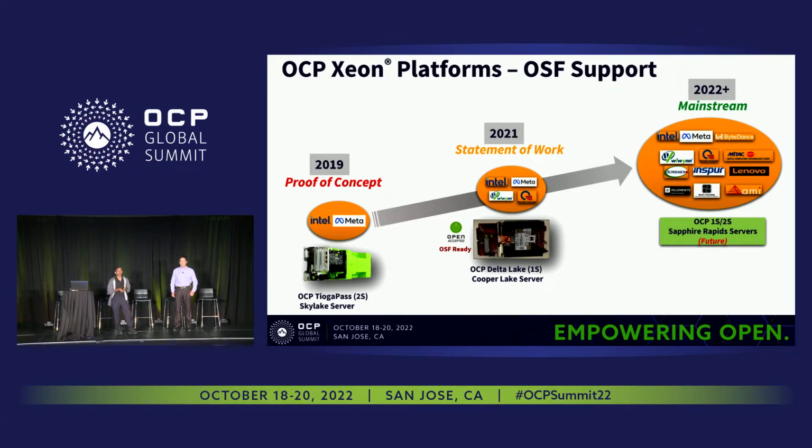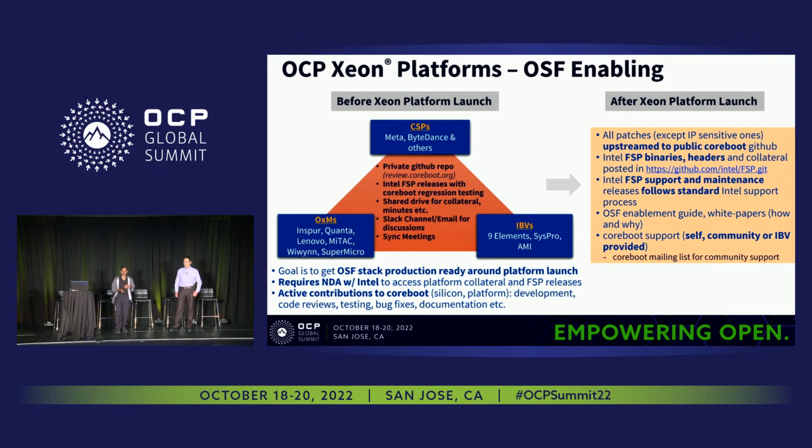And then we have AMI, 9 Elements, and Sysgo, all these IBVs coming together to enable this. So it's a fairly vibrant ecosystem, and the goal is to make sure that we have mainstream open system firmware ready solutions when the Xeon platform gets launched. That's really the core theme behind it. This includes single socket and dual socket servers.